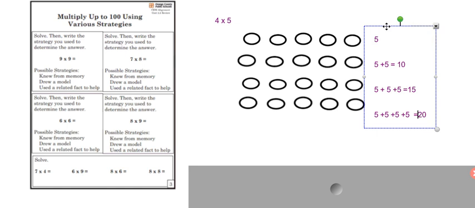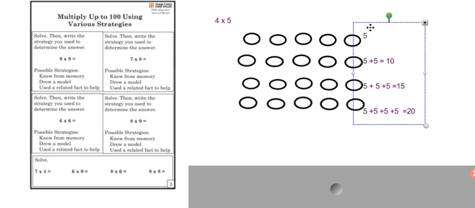This is a strategy that you guys can use when using an array to determine what the product of a multiplication problem is. Easy, you just draw 4 rows, 1, 2, 3, 4 rows. And remember, rows go this way.